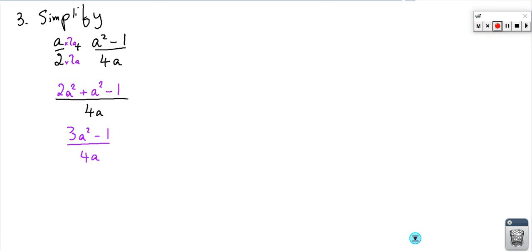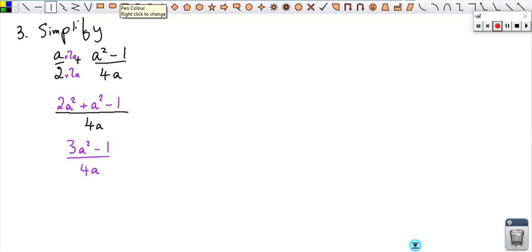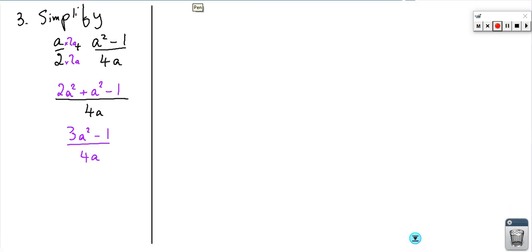Now, examples can be even further, of having further difficulty. Let's write down another example, number 4, simplify. And this time I have 5 over 2a minus 3 minus 3 over 2a minus 3.